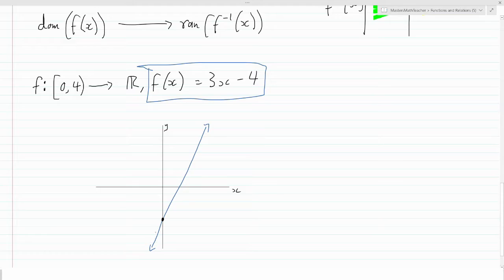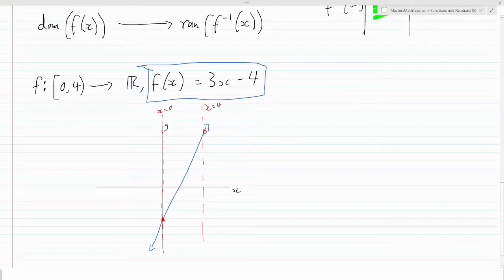However, it's restricted. So we draw our red barriers. We've got a barrier at 0 and a barrier at 4. This is x equals 4 and a barrier at x equals 0. We've got a solid dot on this barrier here and a hollow dot at that barrier there.